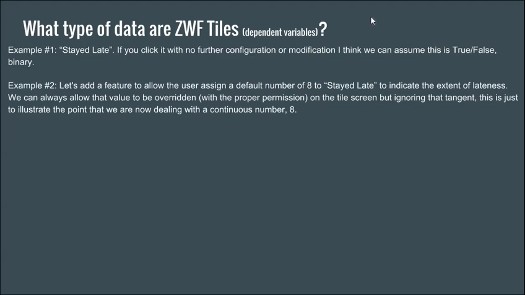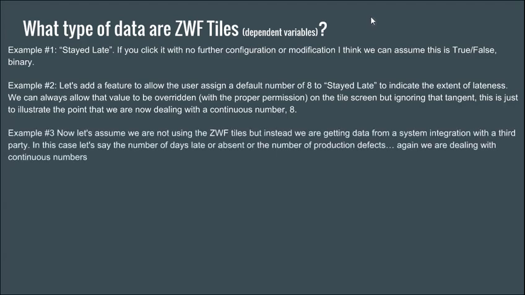Let's give a third example. Let's assume that we're not using our tiles, but we're getting our data from another system, like an attendance system. And we're bringing in the number of days late or absent. Again, we're not dealing with a true or false binary discrete value. We're dealing with a continuous number, the number of days late or absent. So there's our example 3.